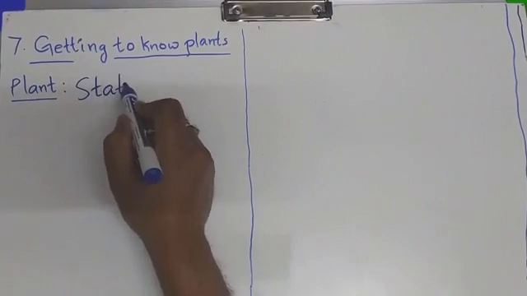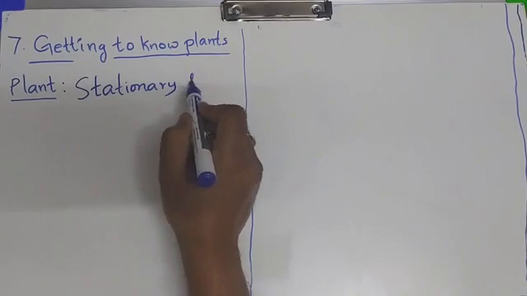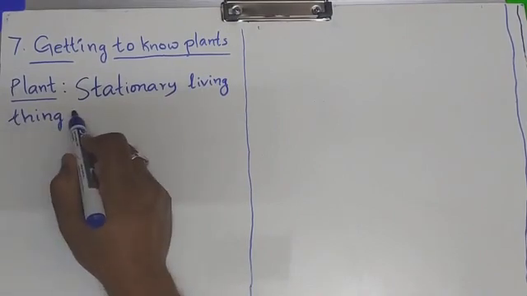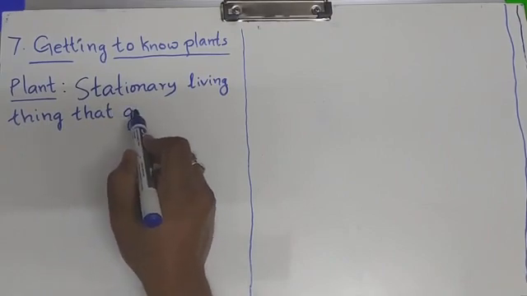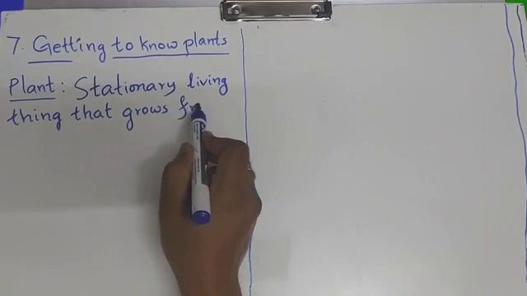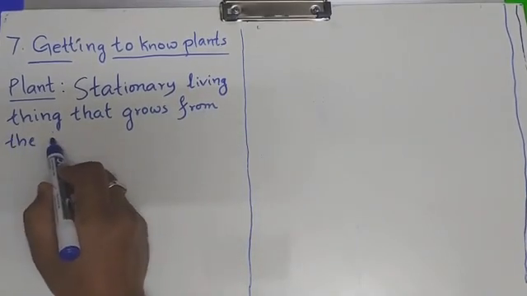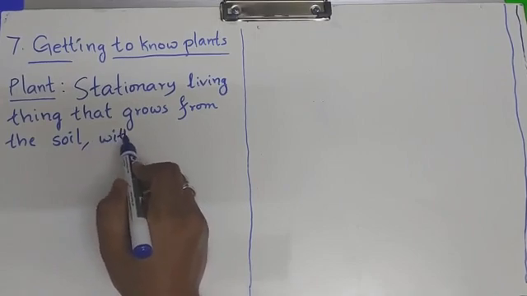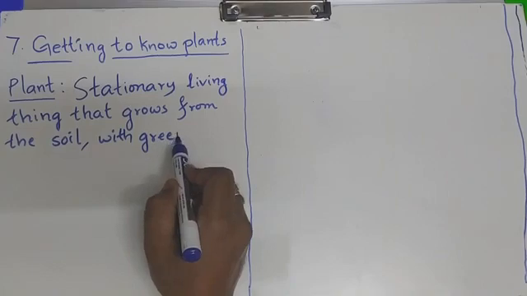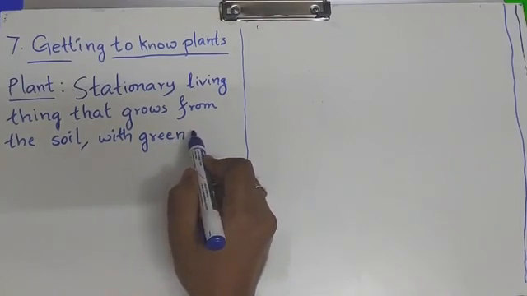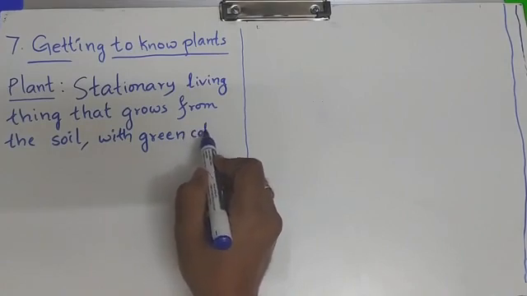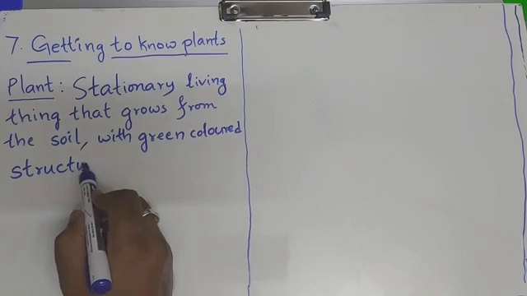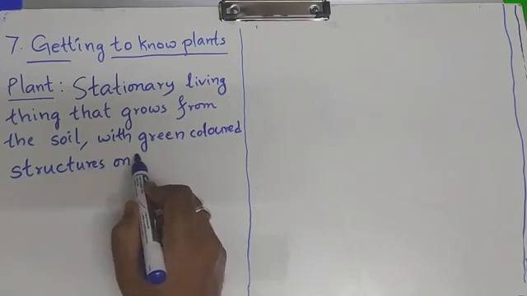Stationary living things that grow from the soil with green colored structures on it.